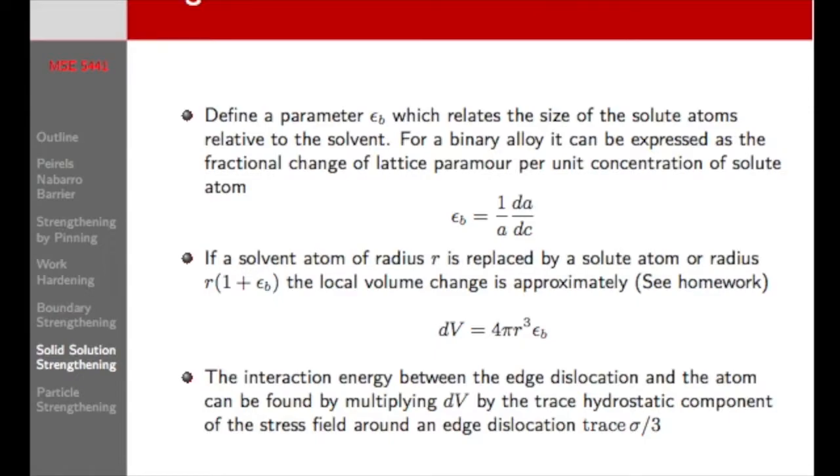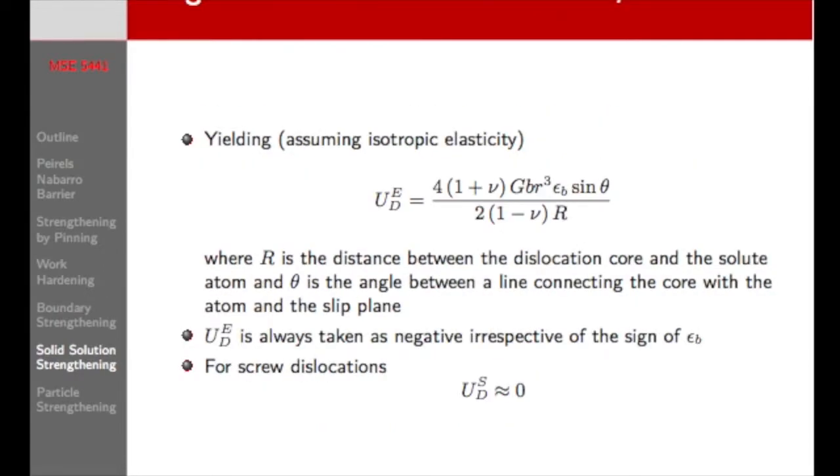in BCCs. Okay, so this is just the magnitude, and again, we're not going to go through the derivation, but what goes into it? The shear modulus, the Burgers vector, the size of the atom. This epsilon_b is essentially an effective strain that tells you the size of the distortion. You can think of that as the volume mismatch. It's a unitless parameter that tells you how big the distortion is and how far your dislocation is from the solute atom.